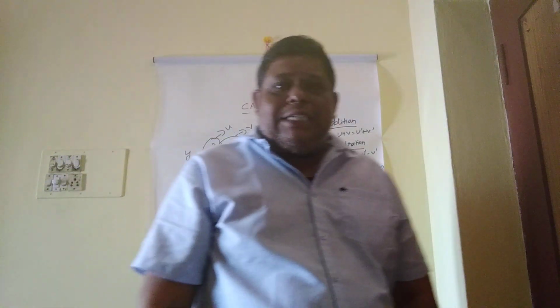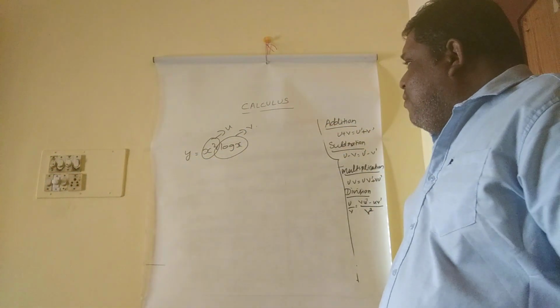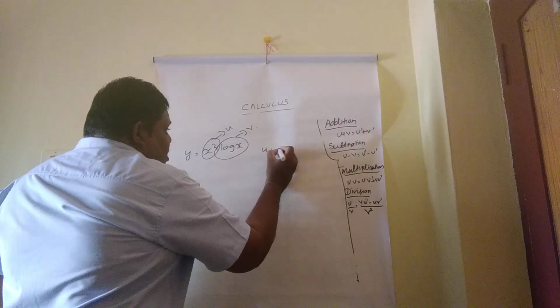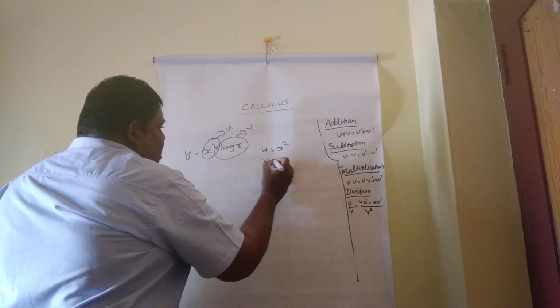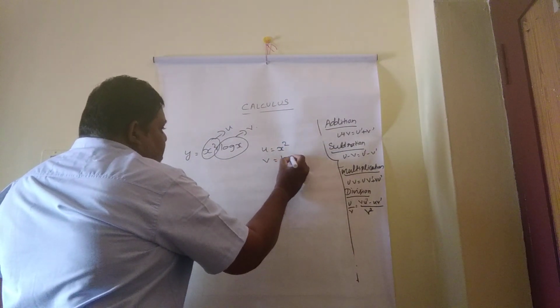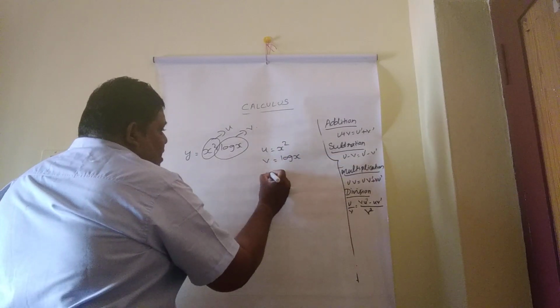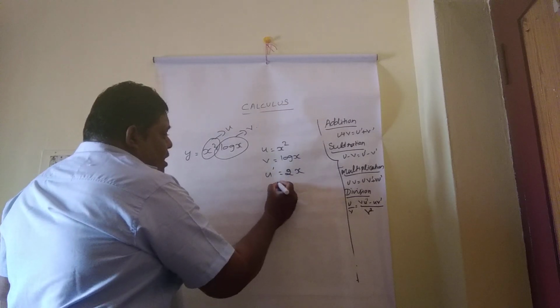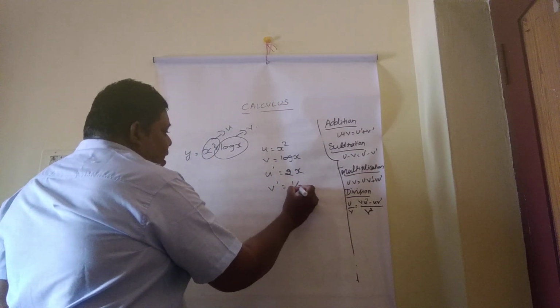The formula is u v dash plus v u dash. Now u is equal to x squared and v is equal to log x. Derivative function of x squared is 2x. Derivative function of log x is 1 by x.